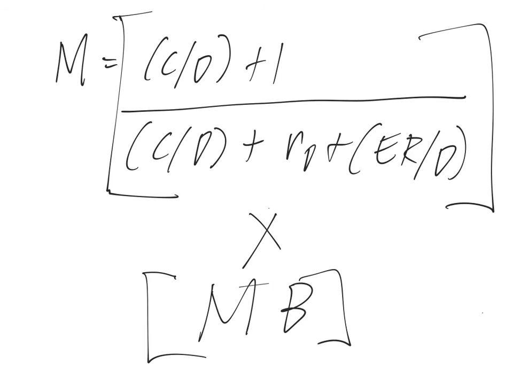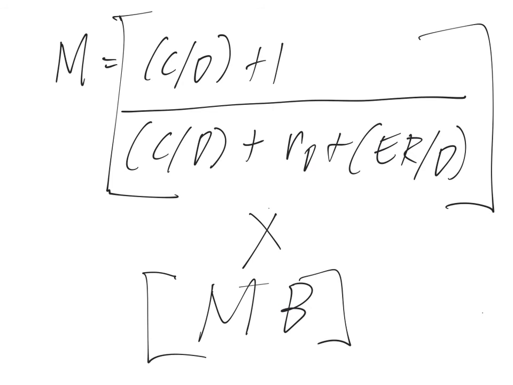C is 0, ER is 0, so that top expression is 1 divided by RD times the monetary base. And that's the basic, most simple case that I started out with. No complications at all. So that's case number one.